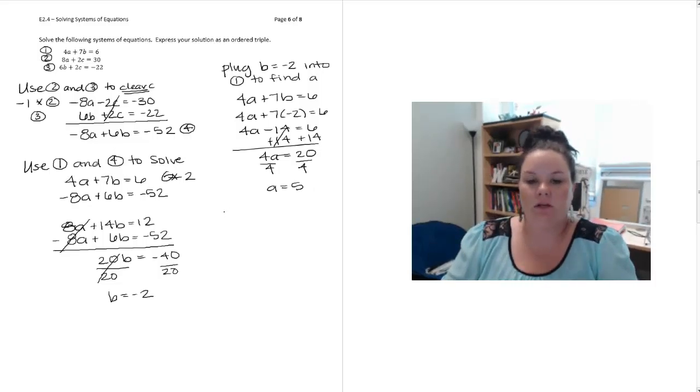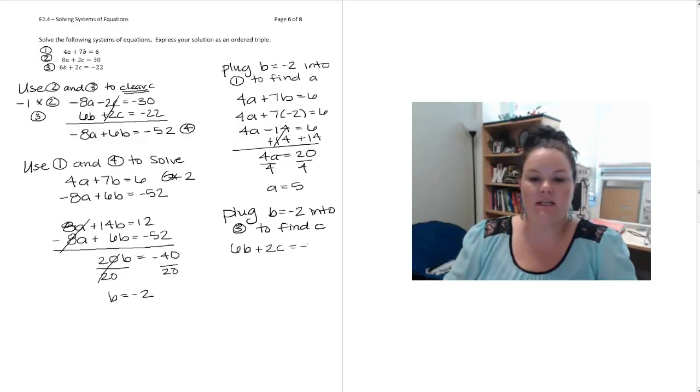All right, so we're going to go ahead and plug b equals negative 2 into, we need to find c. So we need one with a b and a c. So equation 3 says 6b plus 2c equals negative 22.